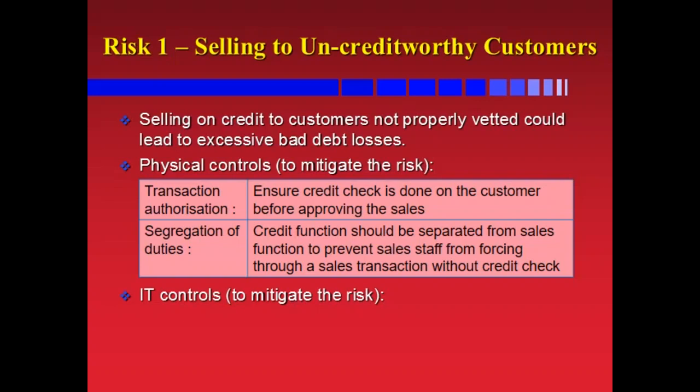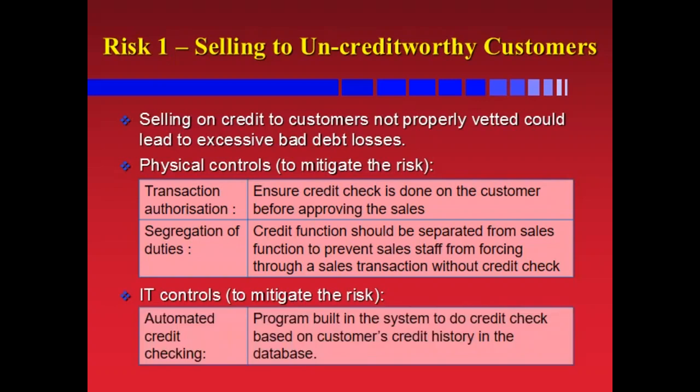To provide independence to the credit authorization process, the credit function should be separated from the sales function, or what we know as transaction processing. Now, this will prevent sales staff from forcing through a sales transaction without a credit check at the expense of high bad debts.